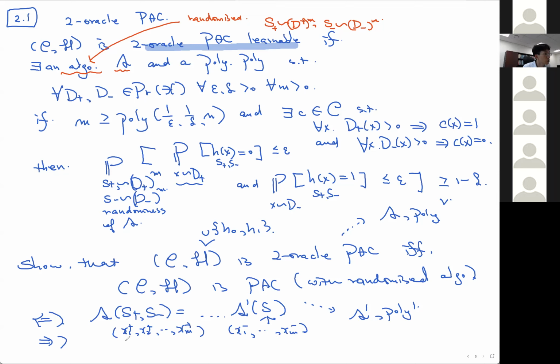With probability half and half, you either choose X1 plus or X1 minus, and that's going to be X1. The same thing with probability half and half for the second one, picking the next one, X2, and so on. That's how you can construct the one below. If X1 comes from the first, we label it 1. If X2 comes from the second, we label it 0. And that will form the input to A prime, the algorithm. And that's how you can solve the one direction.